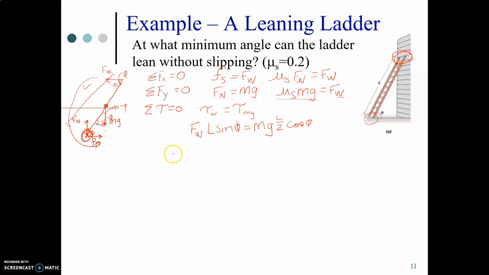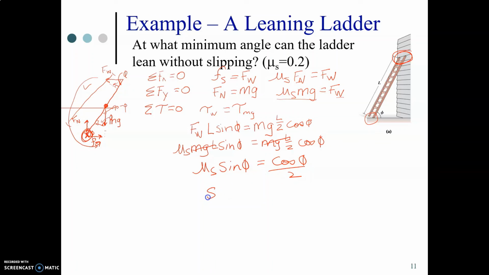So let's replace the force of the wall with that. Coefficient of static friction, mg L sine phi, is equal to mg L over 2 cosine phi. All right, so the mgL's can go bye-bye. And we get coefficient of static friction times the sine of phi is equal to cosine of phi over 2.